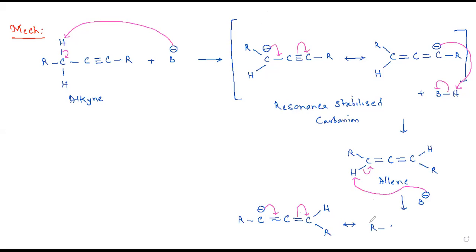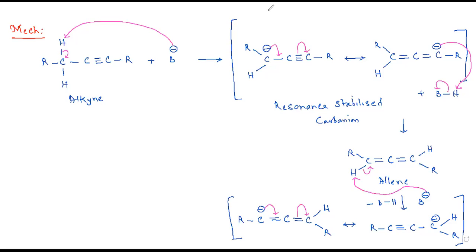R, C, triple bond, C, then this will have a C minus, it has already got a hydrogen, and then R. Of course, BH is eliminated.